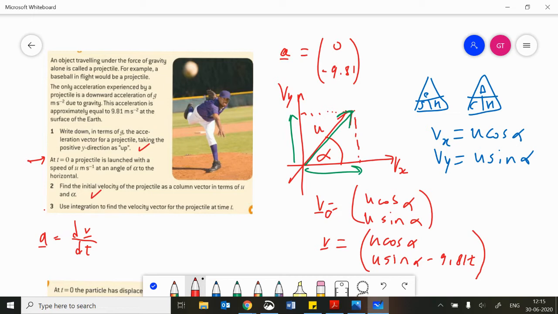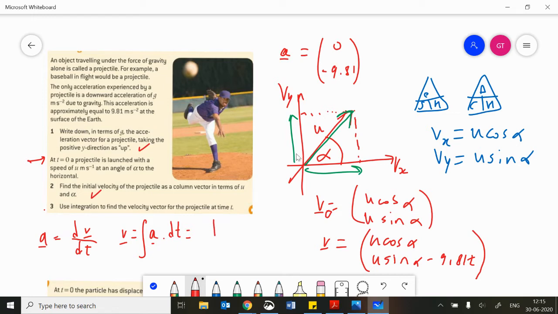So in order to go backwards to get v, you need to do the integral of a. So we need to integrate both parts of this. If you integrate 0, you get a constant, because a constant could differentiate to become 0.